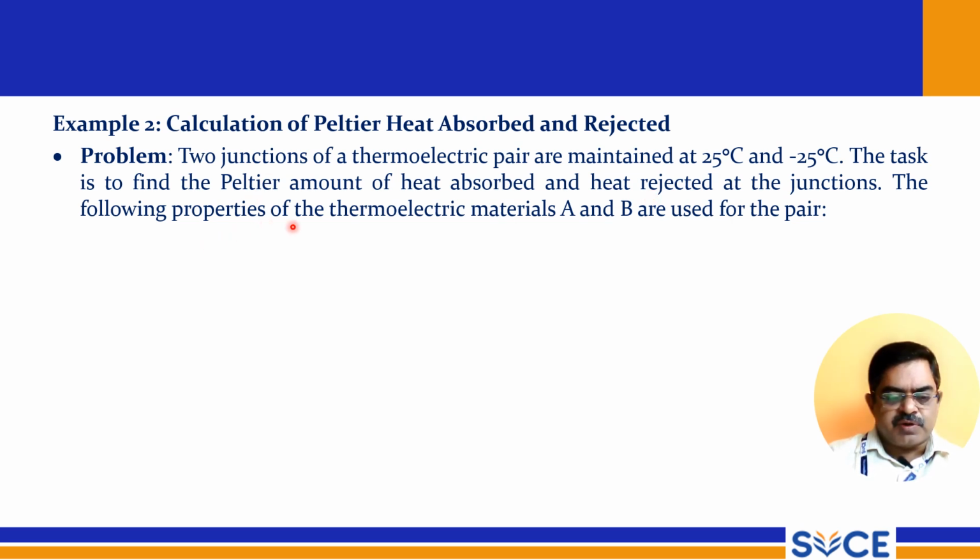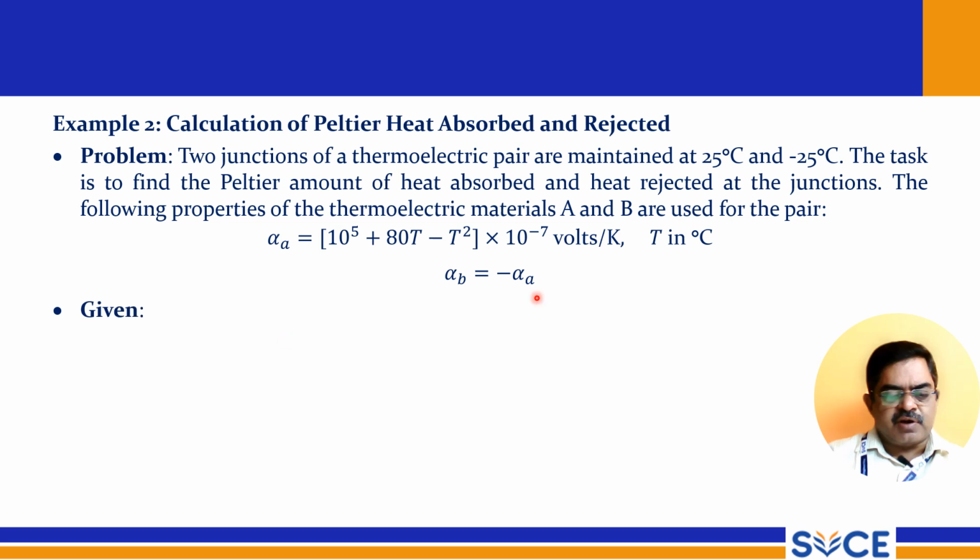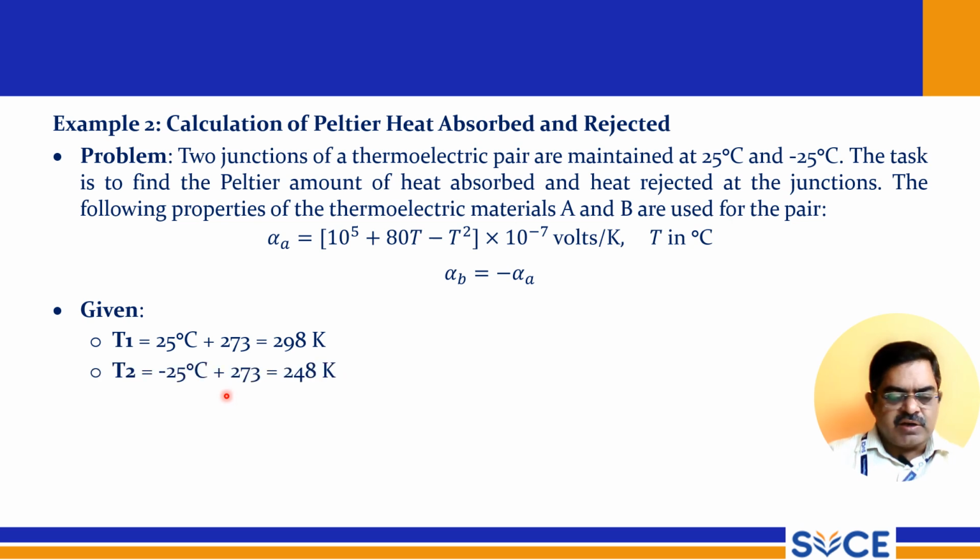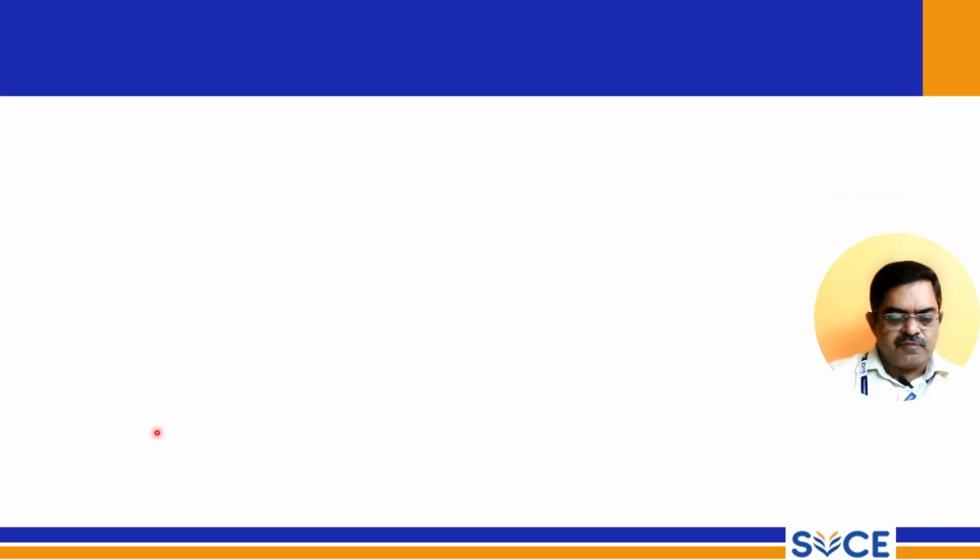The following properties of thermoelectric materials A and B are used for the pair. Alpha A is given like this, and alpha B equals minus alpha A, so that is P type and N type. Given T1 equal to 25 degrees Celsius, that becomes 298 Kelvin, and T2 is 248 Kelvin, and I is 8 amperes, that is the current flow.